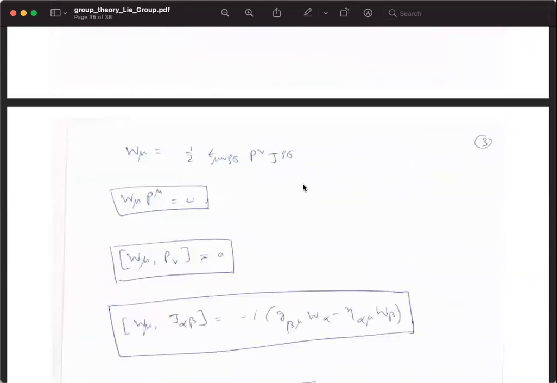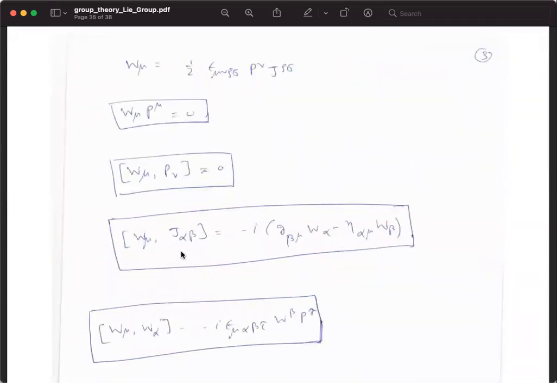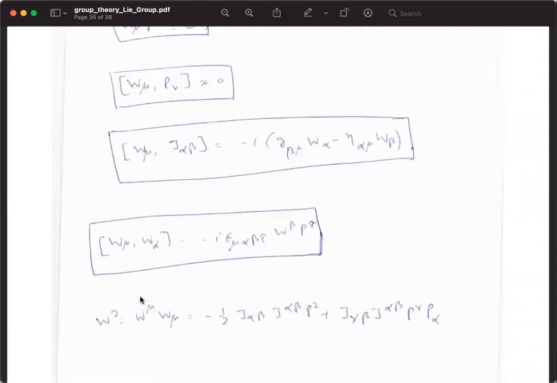And here you can define a new vector, W mu, which is half epsilon mu nu rho sigma P nu J rho sigma, such that W mu P nu equals 0. So W mu commutes with P nu, but if you take the commutator of W mu and J alpha beta, which contains the rotations, they do not commute. And also you can calculate the W mu, W alpha commutator, which is written in terms of this, and it is more like a closed algebra, right?